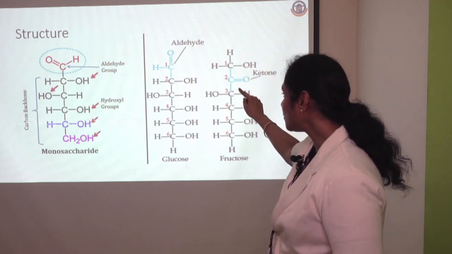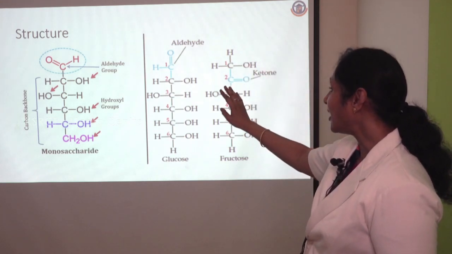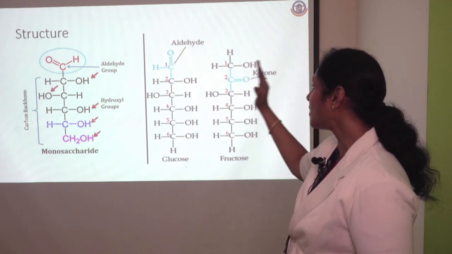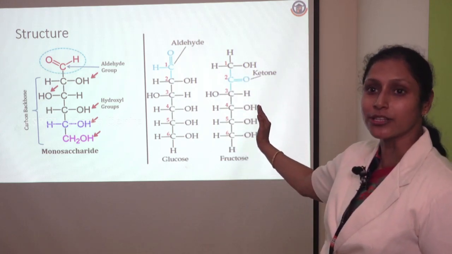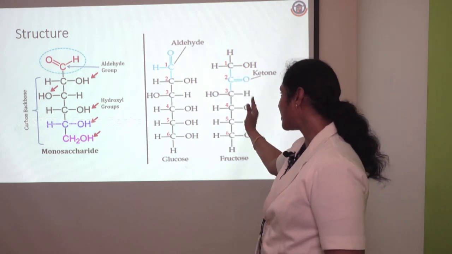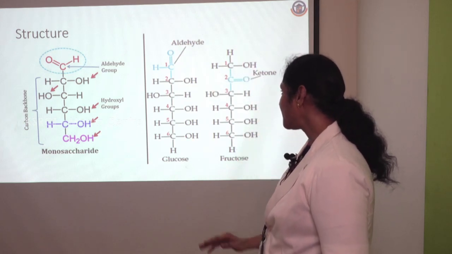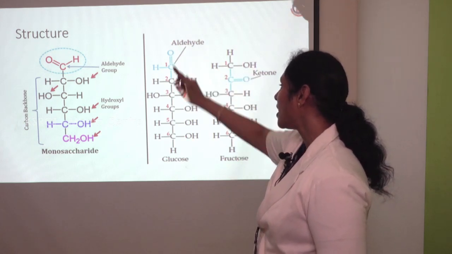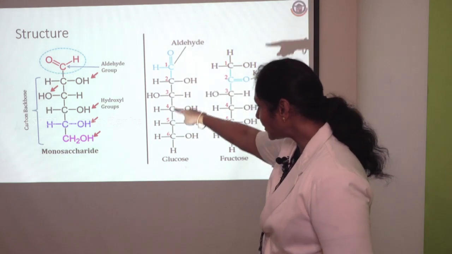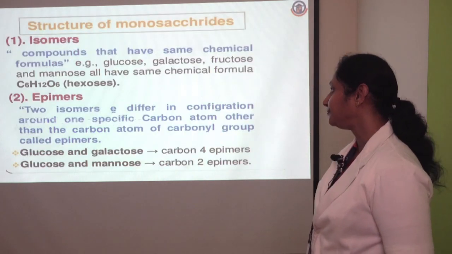So, 1, 2, 3, 4, 5 and 6. The hydrogen and hydroxyl group arrangement is present on all the carbon atoms, the first carbon atom is the aldehyde group, and this is the carbon backbone.